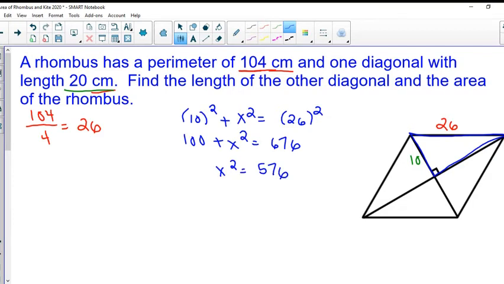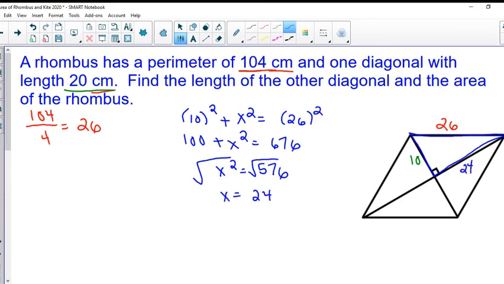And then you just need to square root both of those sides, and we get that x equals 24. So that means that this side over here is 24.